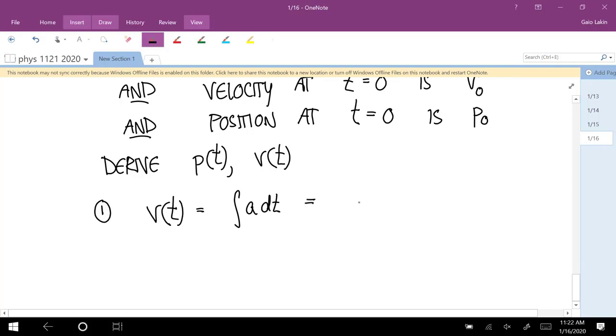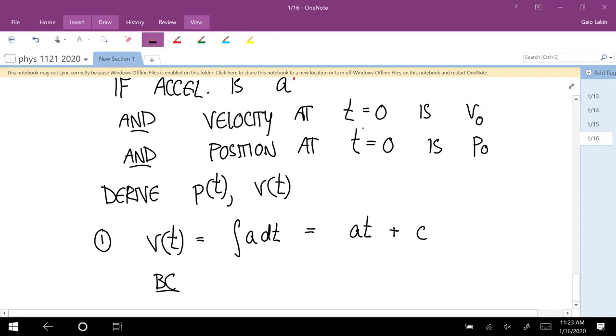So when you integrate this, you get at plus c. And now we'll use the boundary condition to calculate that constant c. So what do we know that we can use to calculate that c?